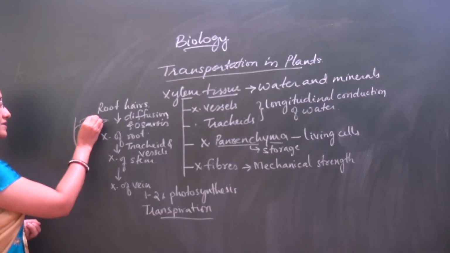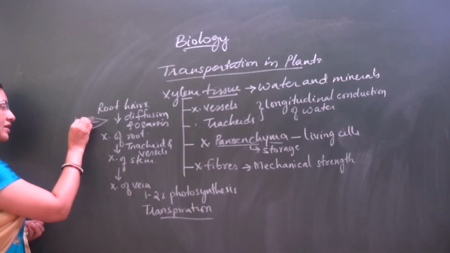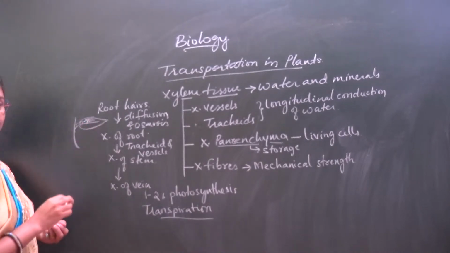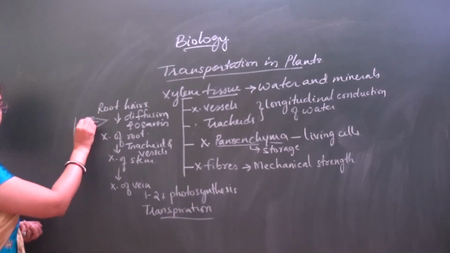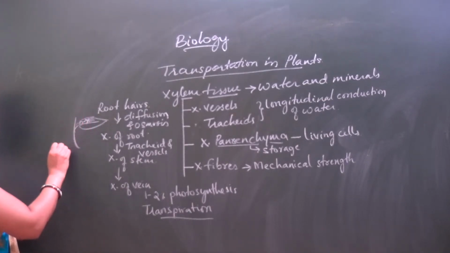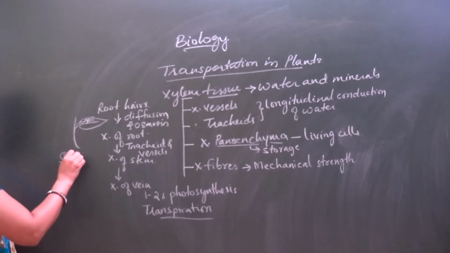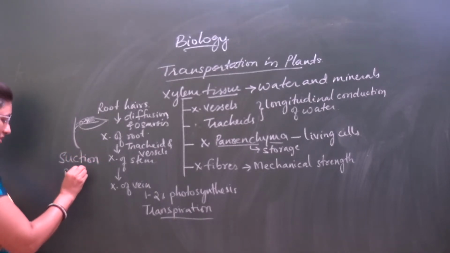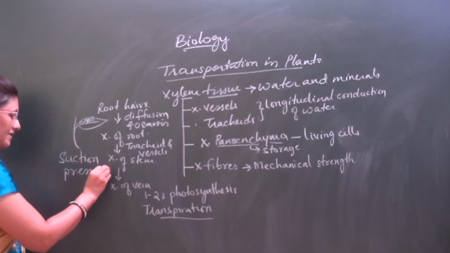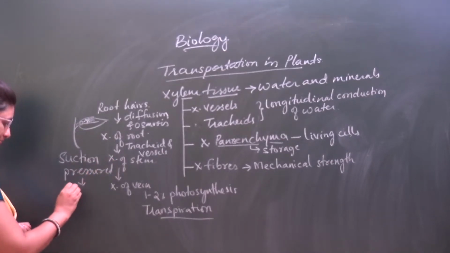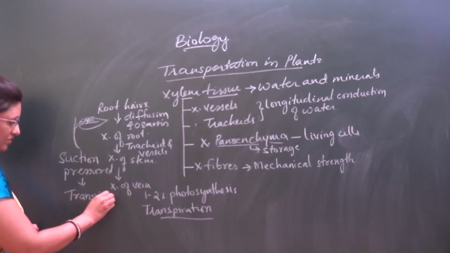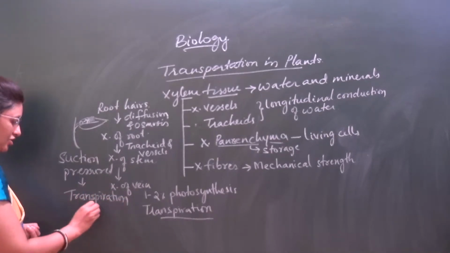Now, these cells present in the leaves take up the water from the beside cell. So, a continuous channel of water is seen in the upward direction, and this is because of the suction pressure, which is called the transpiration pull.